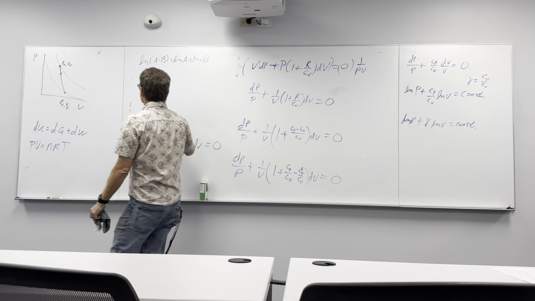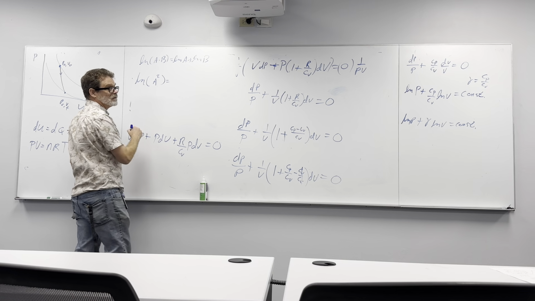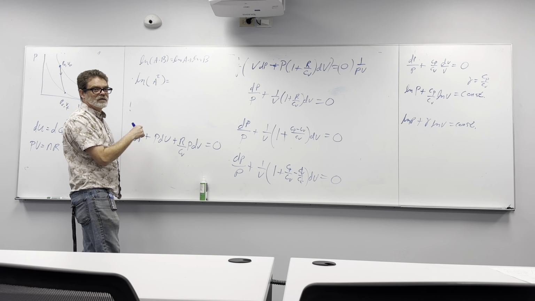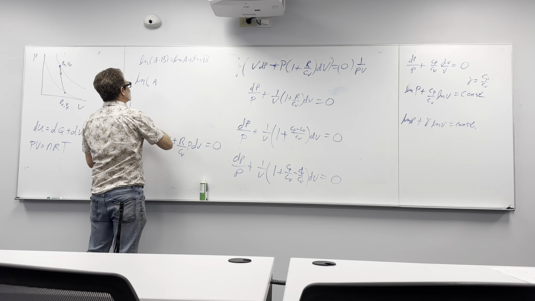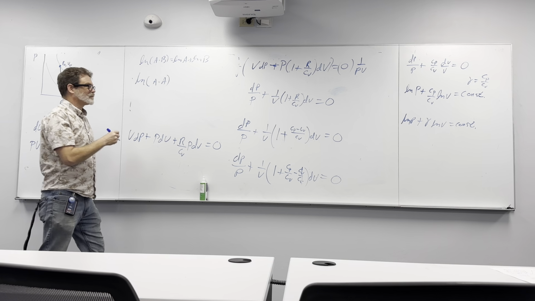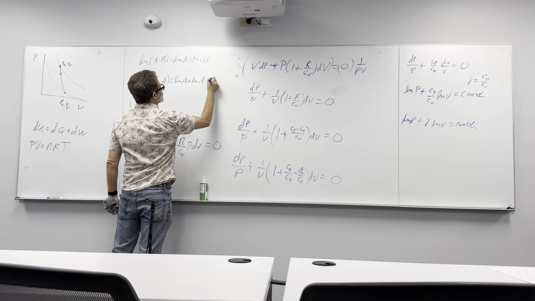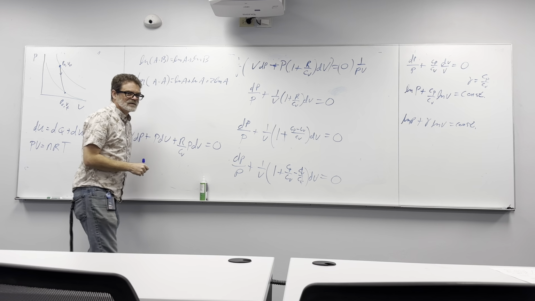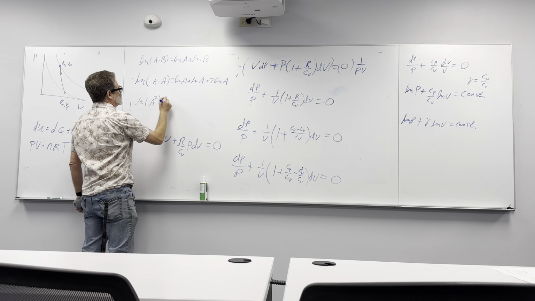But do you remember the other one? ln of A squared, what's that? You don't remember? Okay, let's try this. ln of A plus ln of A is 2 ln of A. I can also write that as ln of A squared.